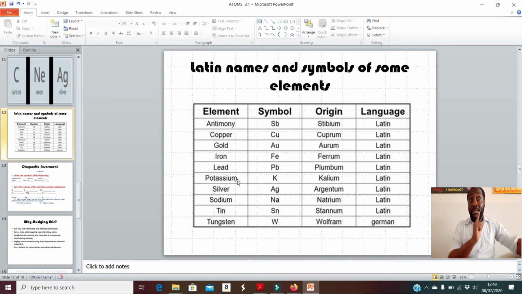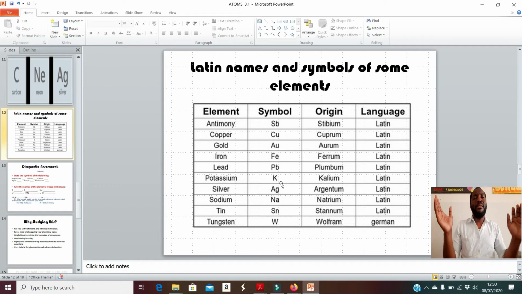The Latin word for potassium is kalium, and of course its symbol is capital K, which is taken from kalium. This is also the case for sodium, whose Latin origin is natrium, and of course its symbol is capital N small a. And we also have numerous examples on this table.